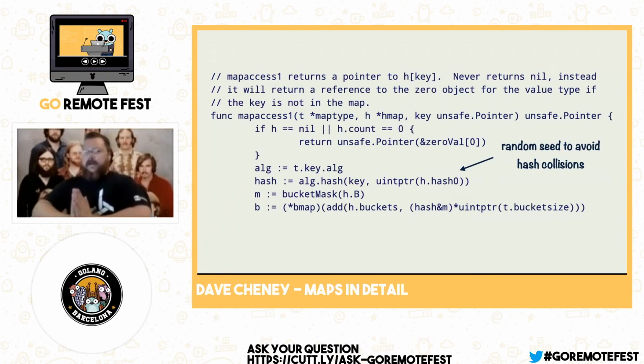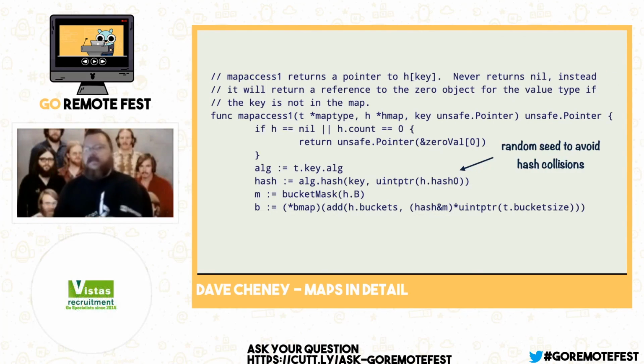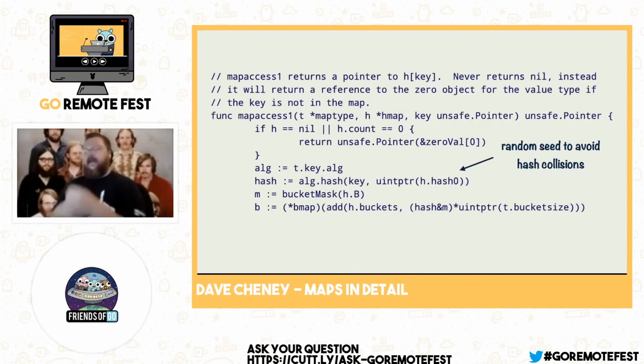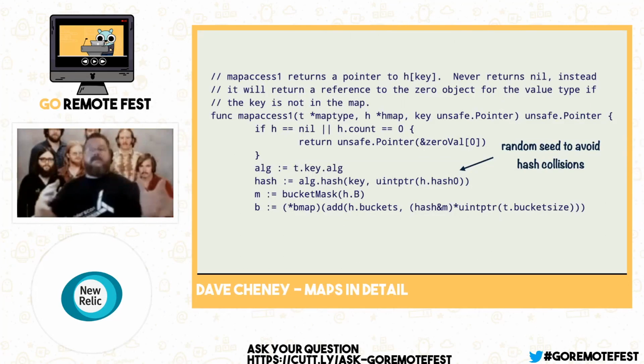The last bit I want to talk about is this extra bit of sauce mixed into the hash function. We call algorithm.hash, we pass in the key, and we also pass this thing called hash0, which comes from the Hashmap. This is a per-map seed that salts the hash. We call it salting when we want to take the same hash and slightly shift its results.